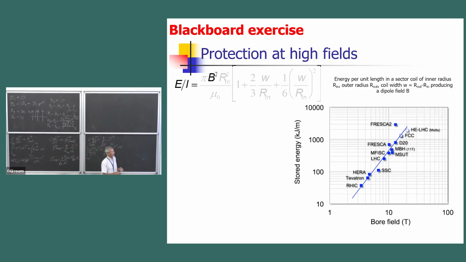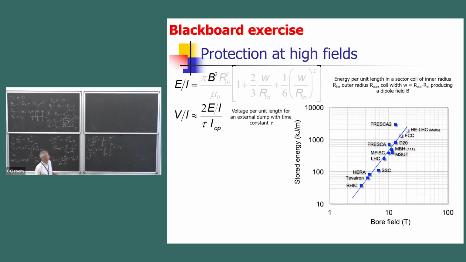Now, I said we need to extract the energy quickly. Can we extract it outside with a resistor, or do we need to dump it inside, the heaters, if you remember? And for that, you can compute the voltage that you would need to extract that energy as a function of the energy stored per unit length and the operating current, and that would result in a certain time constant, that time of discharge we were using before.